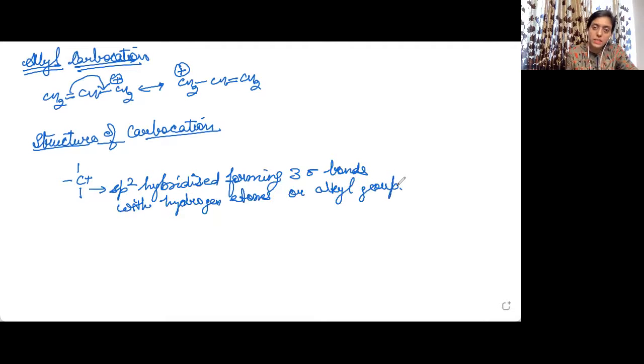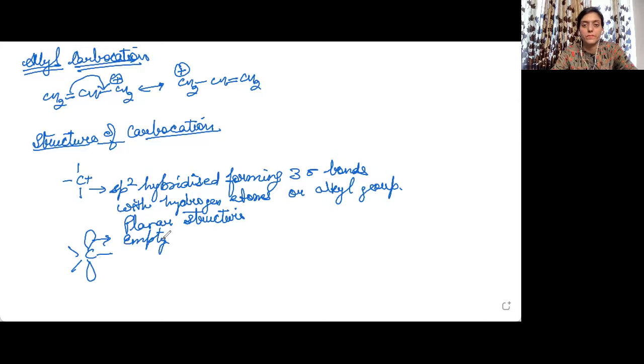So again, just like free radical, it will also have a planar structure. We can draw it like this. The one unhybridized p orbital is empty. So this p orbital is empty.